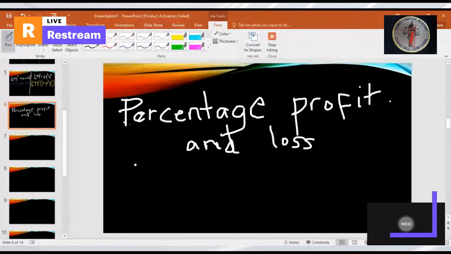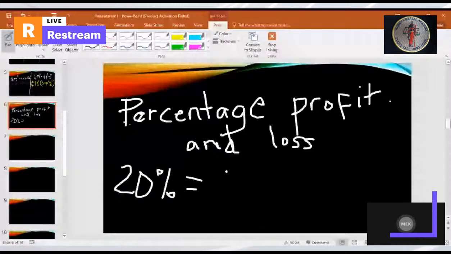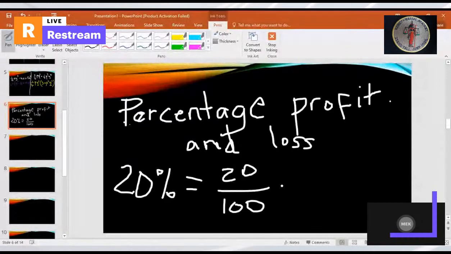So if we have 20%, we can write that as 20 over 100. And in the last class, we also reduced our percentages. So when we express a percent as a fraction, we reduce it. We can cancel the zeros here. 1 goes into itself one time, 2 goes into 2 one time.